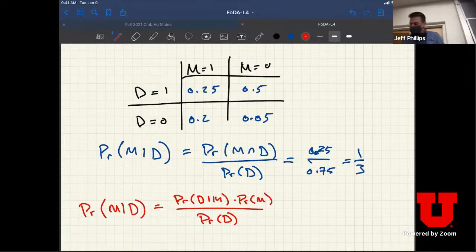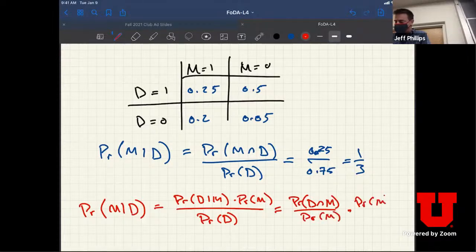The conditional probability is equal to the probability of D intersect M divided by the probability of M, and then I'm multiplying this by the probability of M over the probability of D. I don't need to cancel them yet.